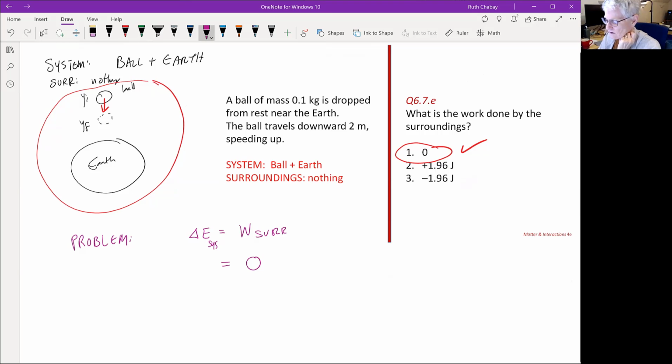This is 0, and yet the kinetic energy of the system, so it should be that the change in energy of the system should be 0. But we know that the change in kinetic energy of the system is actually greater than 0. And we know the rest energy of the Earth and the ball didn't change.